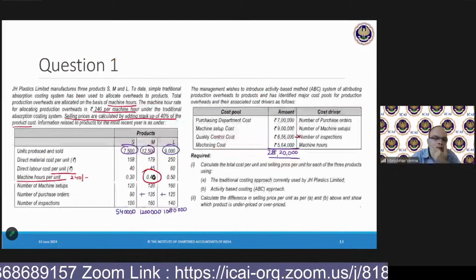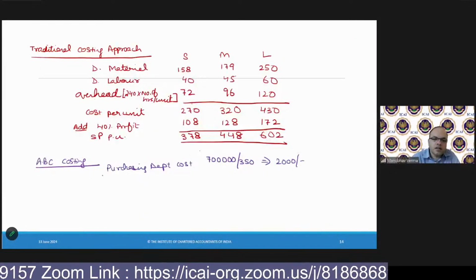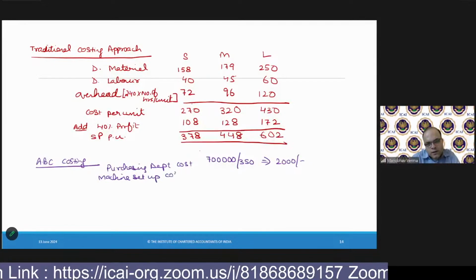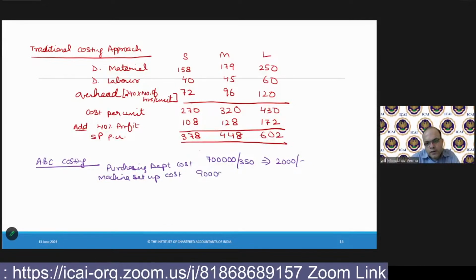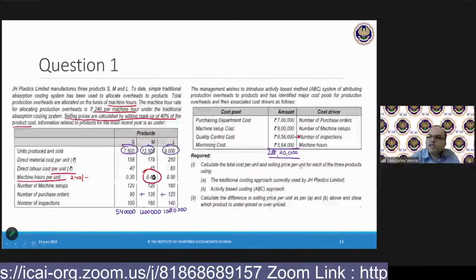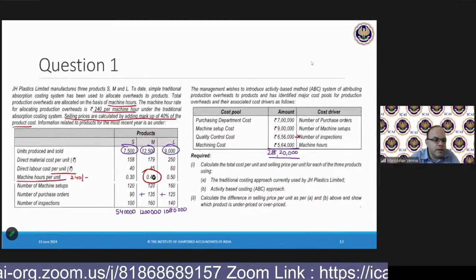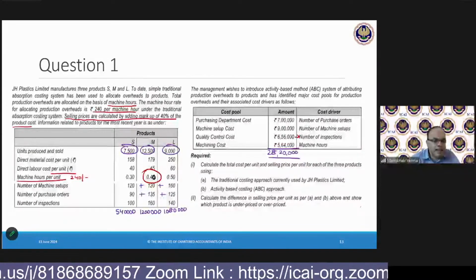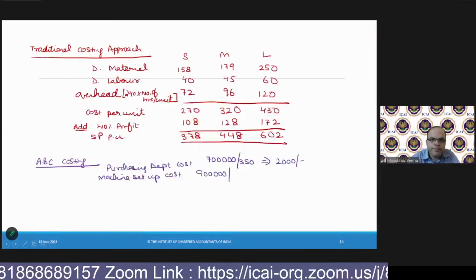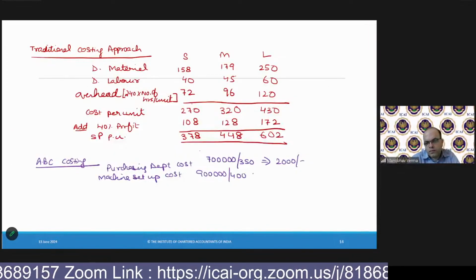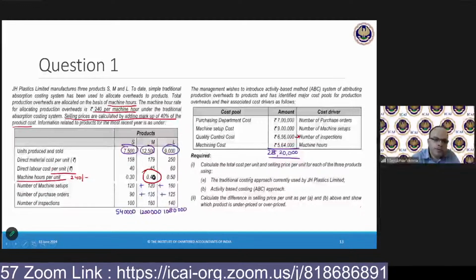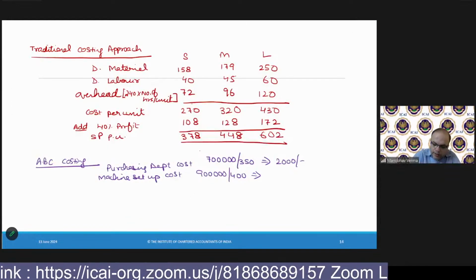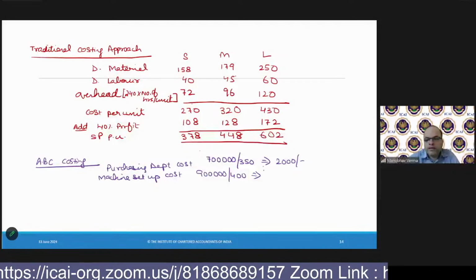Similarly, the next one is machine setup cost, 9 lakhs. That has to be allocated based on the number of machine setups. And they've given us 120 plus 120 plus 160. How much is that? 400? Just let me know, guys. All okay till now? So 9 lakh divided by 400, we are getting 2,250 per setup here.